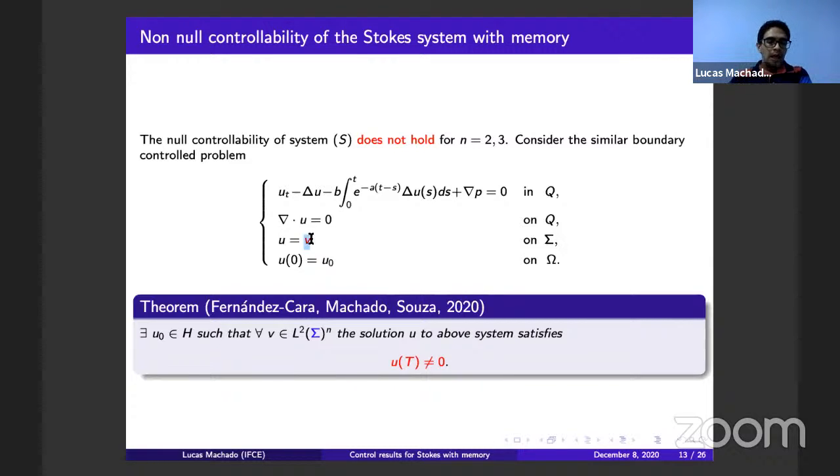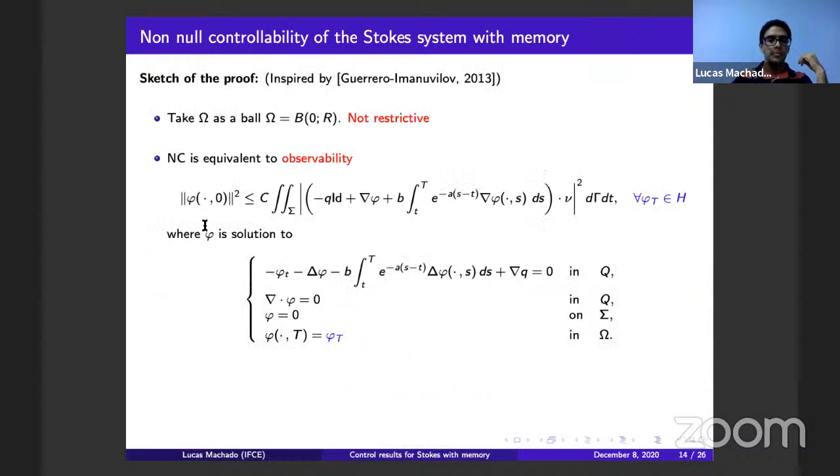Well, for this system, we prove that there are initial data u0 so that the solution is not null at final time for all controls v, okay. Here, we present the sketch of the proof, which is inspired by Guerrero and Imanuvilov, okay.